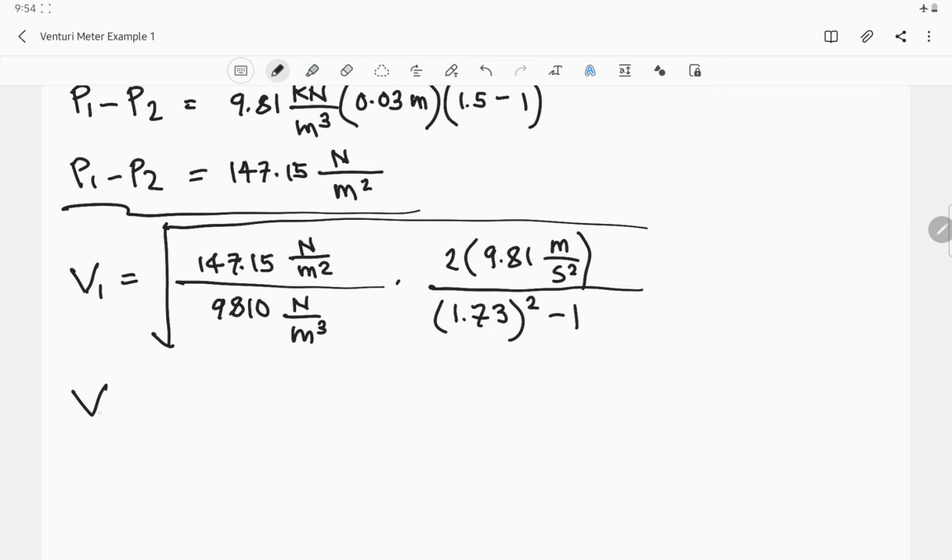So solving for V1, first, before solving, we will examine the units.